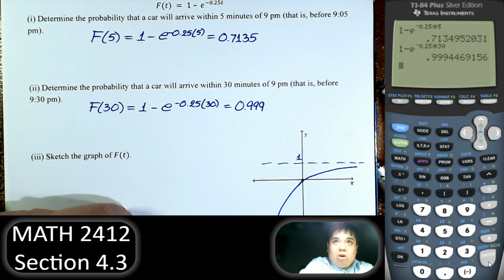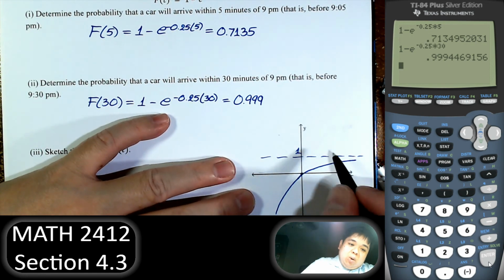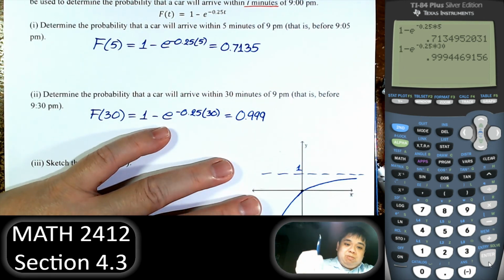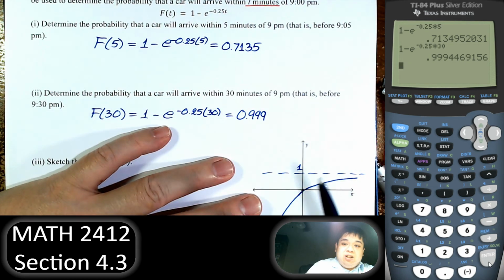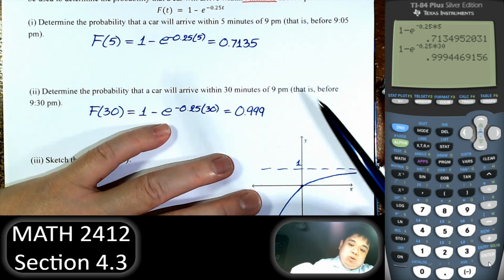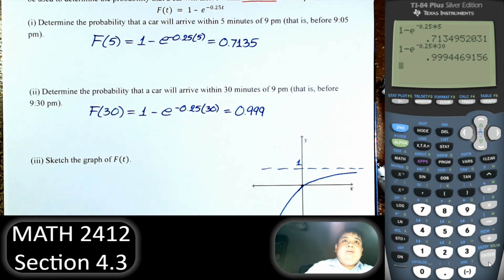The horizontal asymptote is 1. So when t gets a very big number like 60 minutes or higher, this will get closer and closer to 1. But when t equals 0, it is 0. So we have the graph like this.